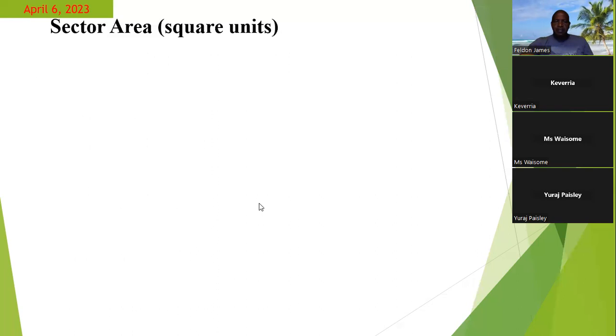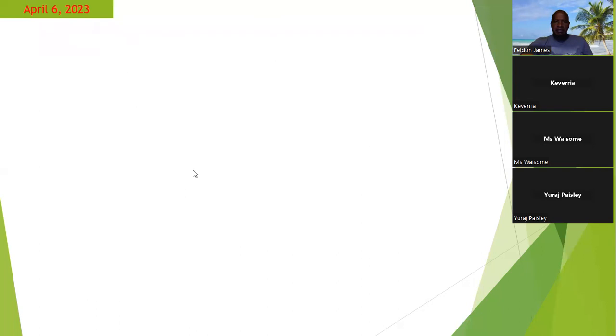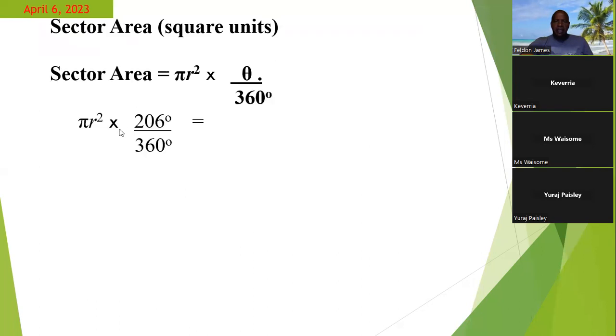All right, when it comes to sector area, remember that if up here we are finding sector angles, to find the sector area we could use the angle over 360 times pi r squared, because the area of a circle is pi r squared.